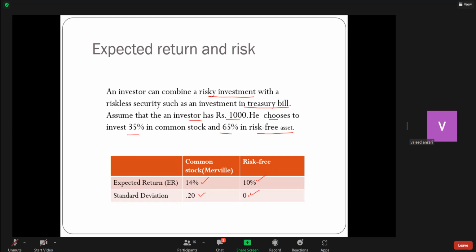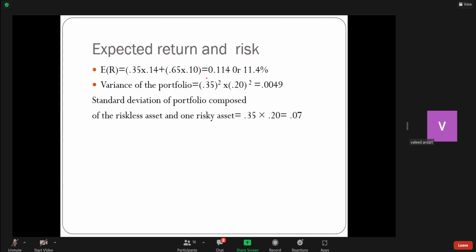Now, when we calculate the return of this, it will be 0.35 into the return of the risky asset and 0.65 into the risk-free return. So it will be 11.4%.